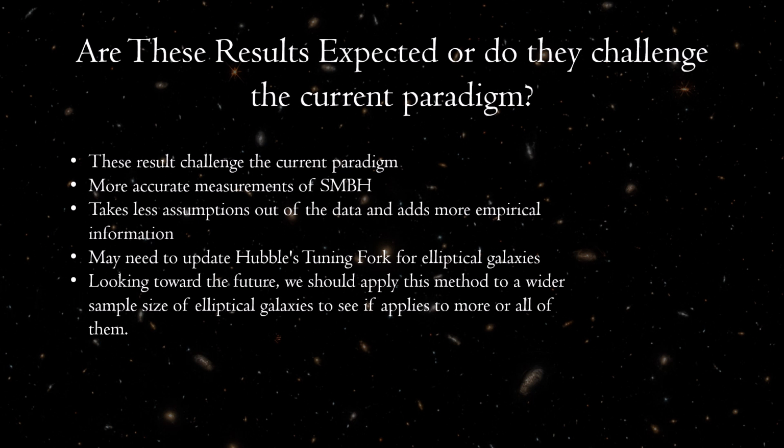The study pushes the field forward, I think, in providing more accurate models, and I think we should be revising our earlier expectations of what these galaxies were. I also think, in the future, once we measure a lot more of these galaxies, we may need to update the Hubble tuning fork for elliptical galaxies.